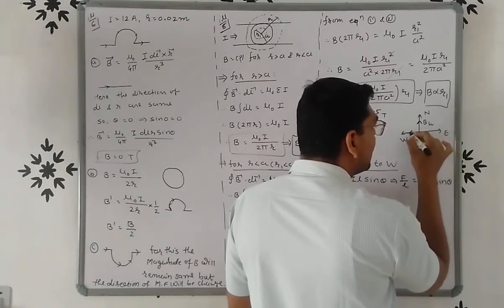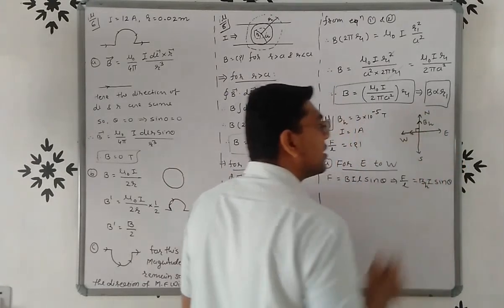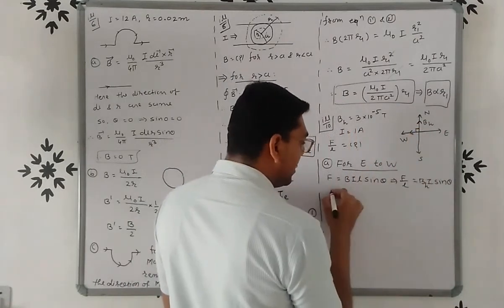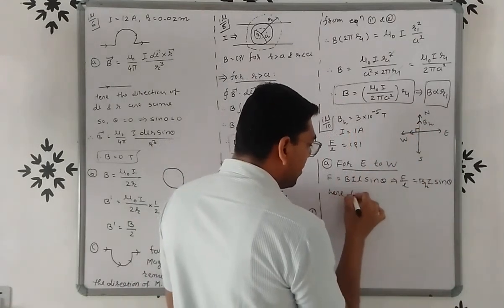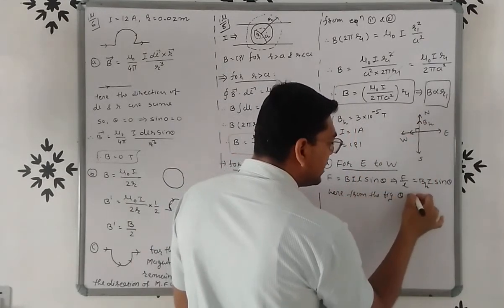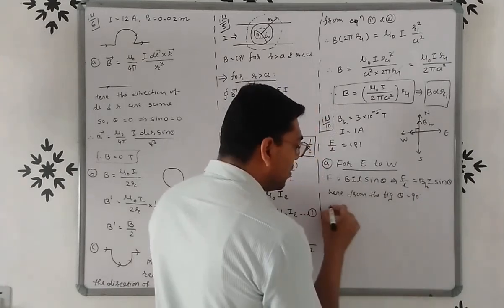So the direction will be like this, east to west. See here friends, the angle is like this, 90. So from the figure, we can say that theta is equal to 90. And we know that sin 90 is equal to 1.